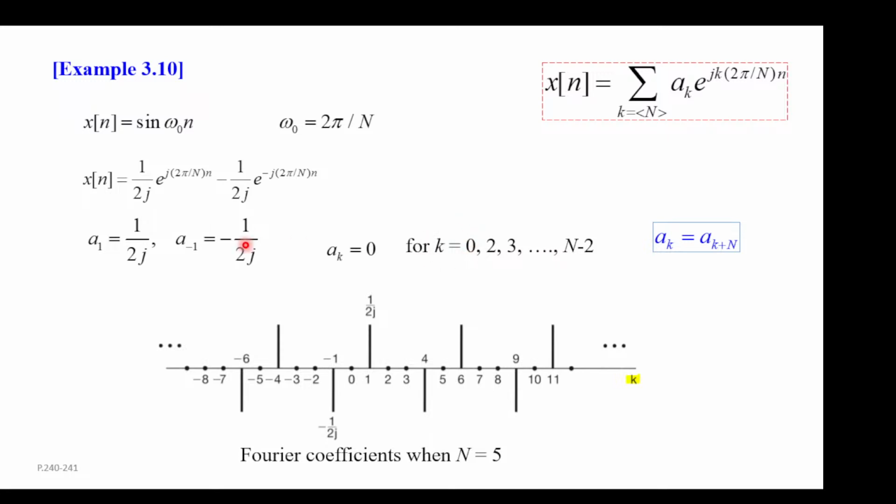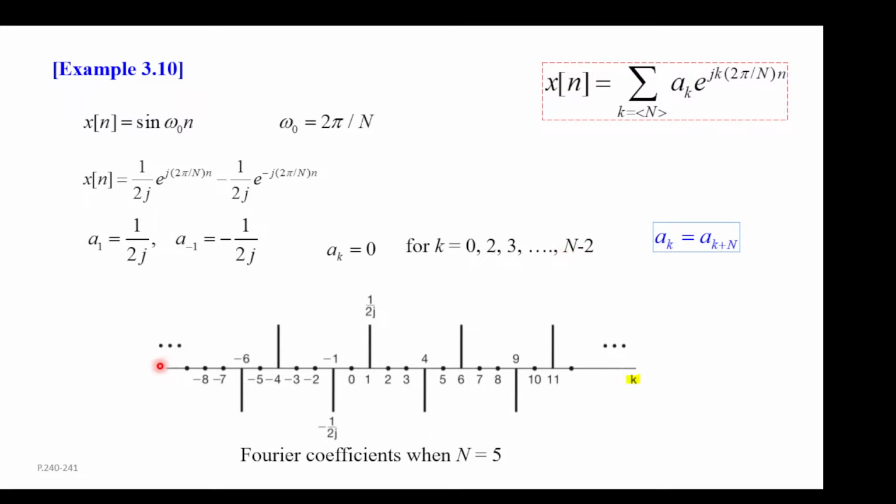Since you have a minus 1 and a1 here, maybe you pick your k from minus 1 to N minus 2. So you have a minus 1 here and a0 equal to 0 and a1 equal to 1/2j, and all other ak up to k equal to N minus 2 equal to 0.